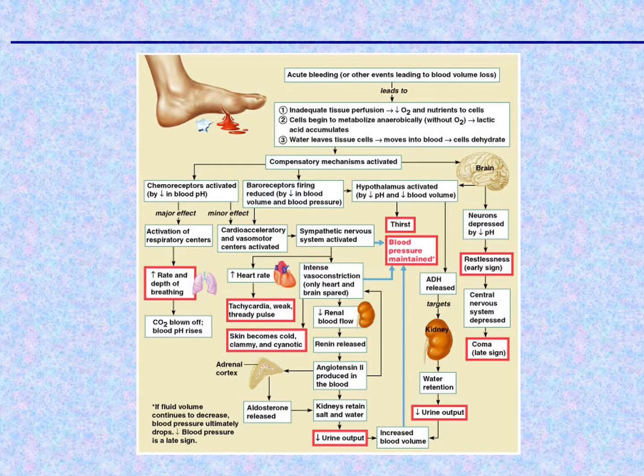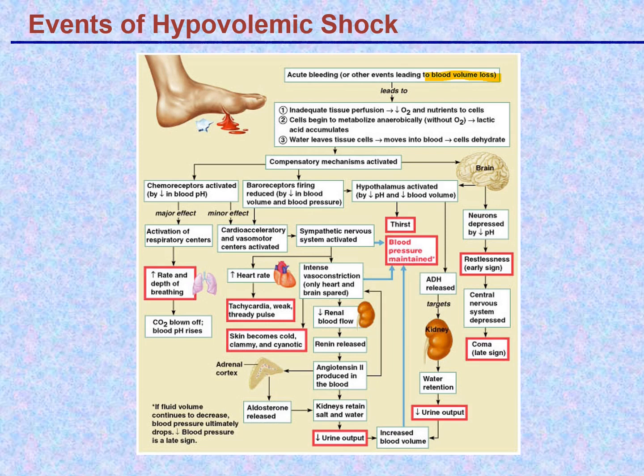This is a chart that shows you the responses of the body, the regulatory responses of the body in the case of hypovolemic shock due to a large loss of blood. I'd say it would be worse than just some little glass cut like this on somebody's foot. They're not going to show somebody with their leg cut open at the femoral vein, at the femoral artery, and spurting blood.